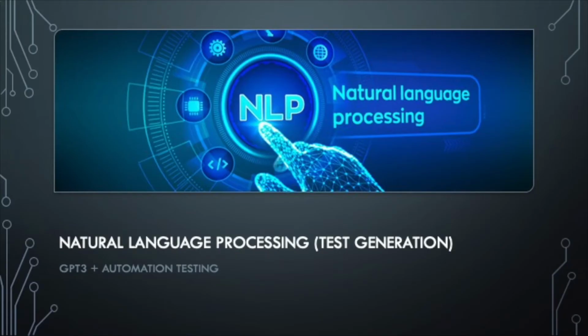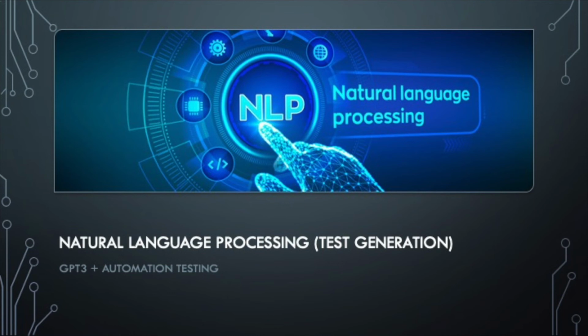Now I would like to switch gears and talk about natural language processing for test generation. Specifically, I'd like to talk about OpenAI's GPT-3 text generator and how we can integrate it into our automation testing frameworks. If you are not familiar with what OpenAI's new GPT-3 text generation tool is, GPT-3 comes from the company called OpenAI.